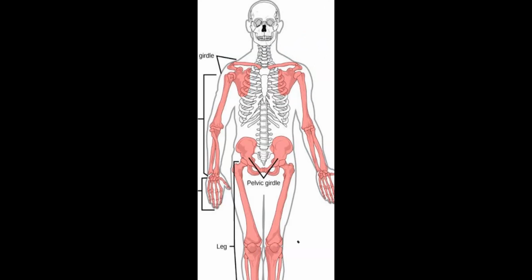How many bones constitute the pelvic girdle, by the way? 2, isn't it? Each half is one bone that is termed the coxal bone.